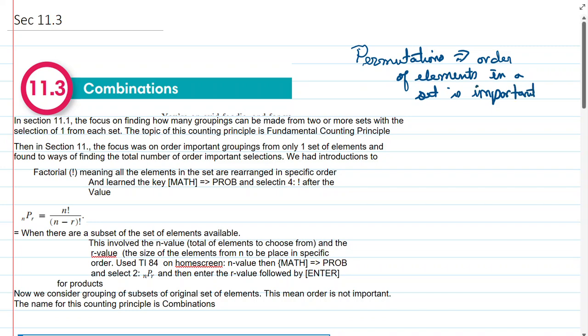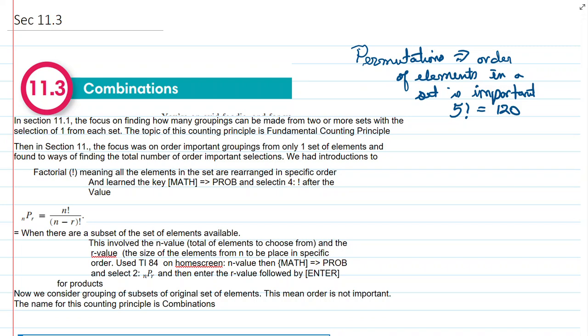So we said that the construction was a factorial. In other words, we could have the series of numbers like 5 factorial, and we would get 120 because it's 5 times 4 times 3 times 2 times 1.